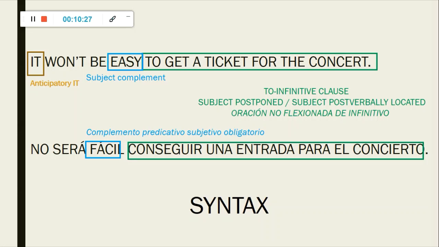Taking into account the type of language English is classified as: as English is classified as a non-pro-drop language, the expletive is needed in order to have a grammatical sentence.